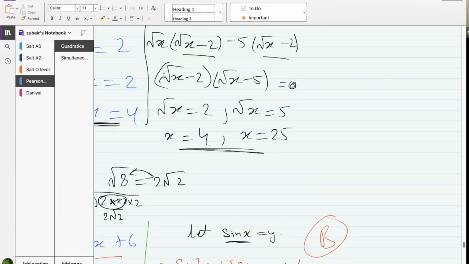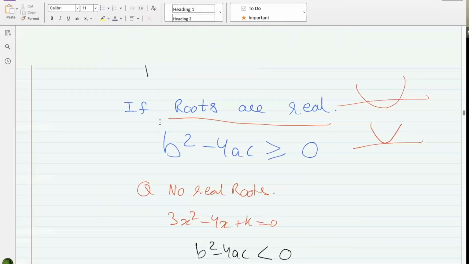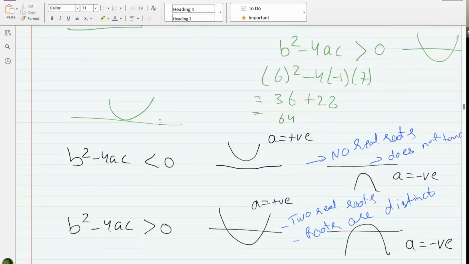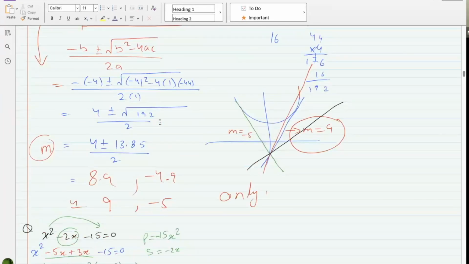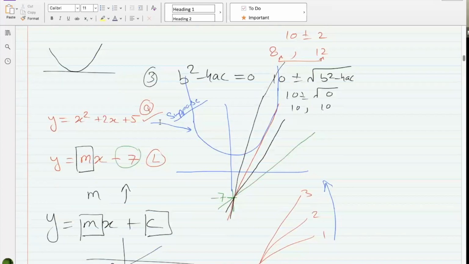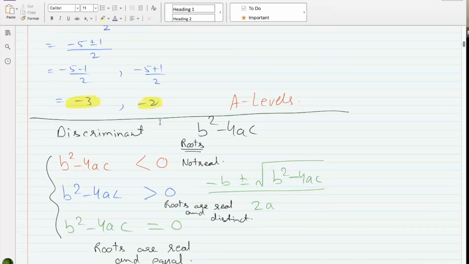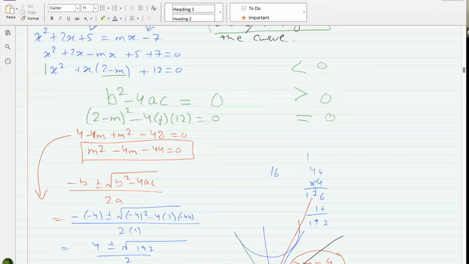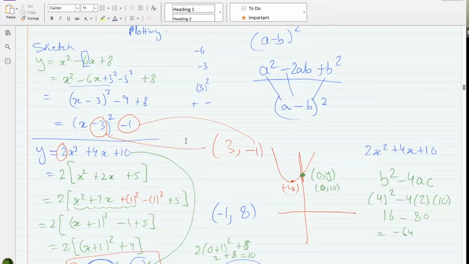And here it is, the sketching part. Do you remember these questions?